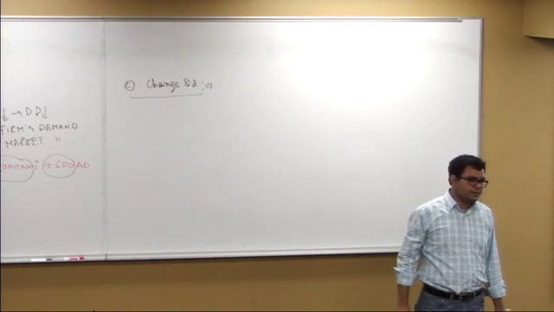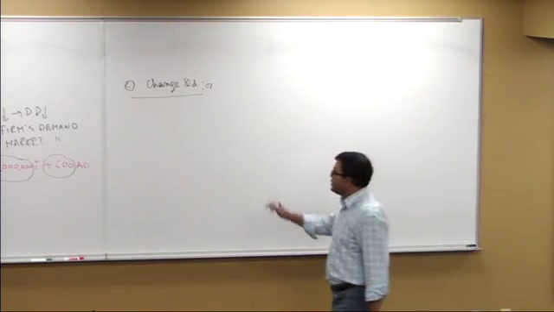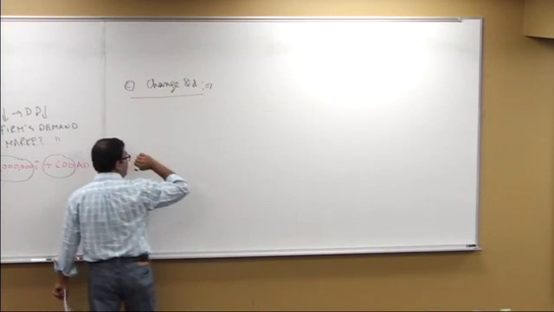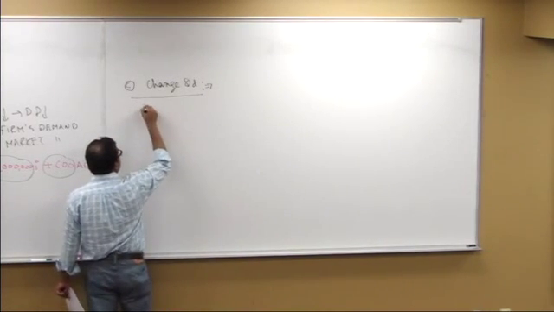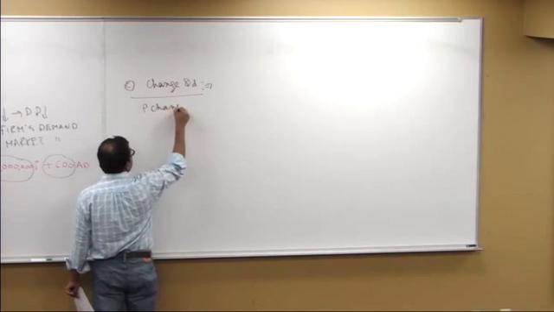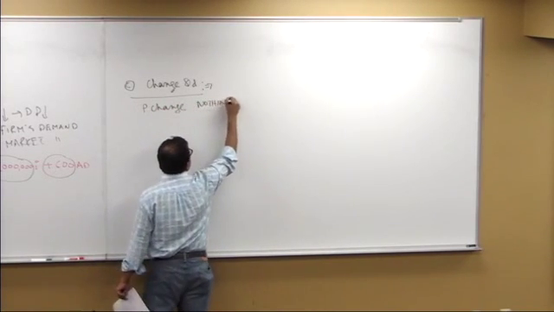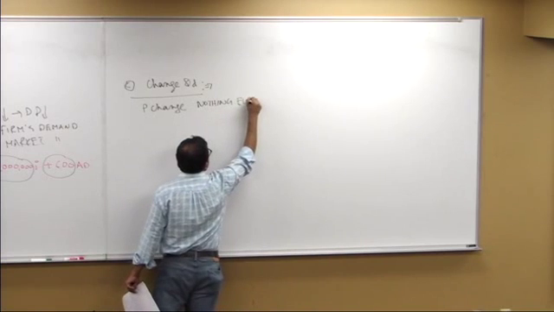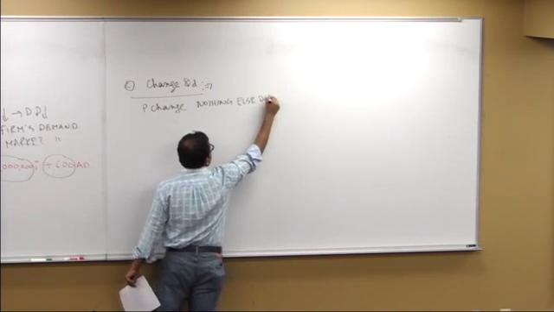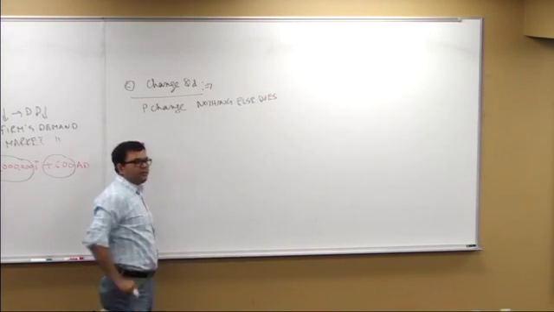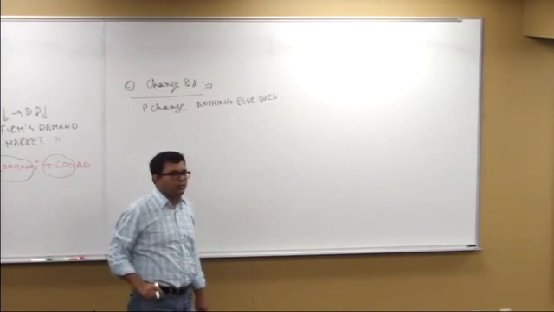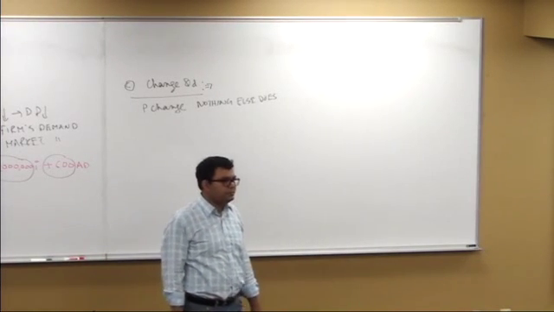Only when price changes will my quantity demanded change. So whenever there is a change in quantity demanded, it means that price changed, nothing else does. In terms of your principles of microeconomics, this will be just a movement along the same demand curve.